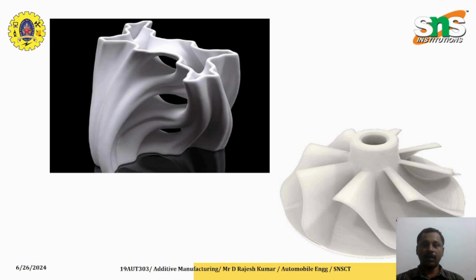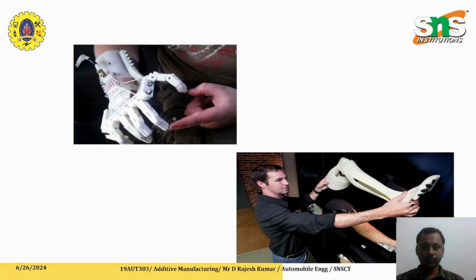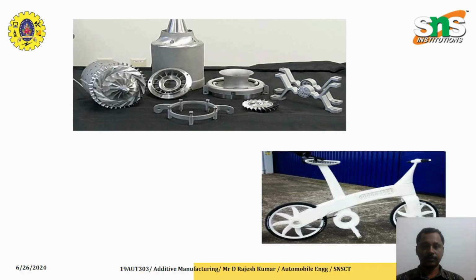This is one example of a mechanical component used in pumps, that is an impeller. You can also see prosthetics, and a bicycle as a single component.